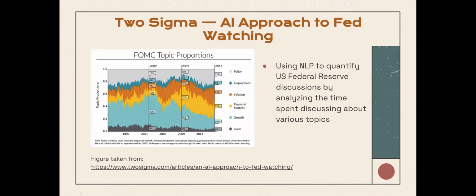So here's something very interesting. It's still ongoing, a very heavily researched topic in the field. A lot of financial institutions and hedge funds have been using NLP and sentiment analysis in their day-to-day business. This hedge fund called Two Sigma uses topic modeling to analyze the FOMC meeting, which is the Federal Reserve's monthly meeting.